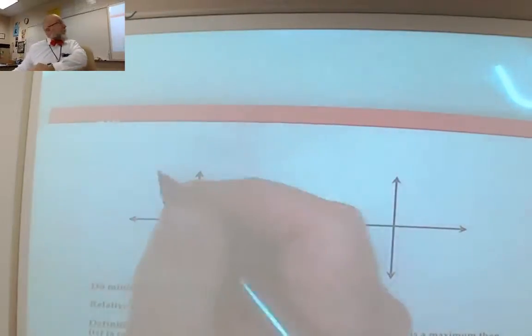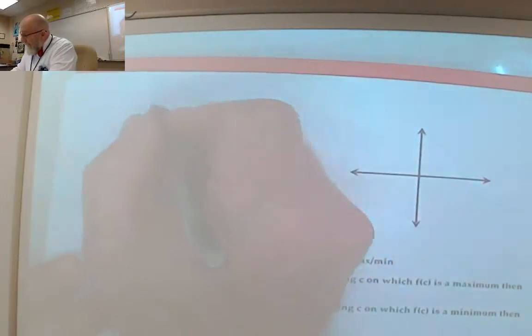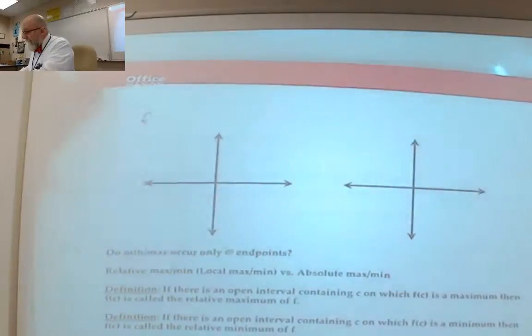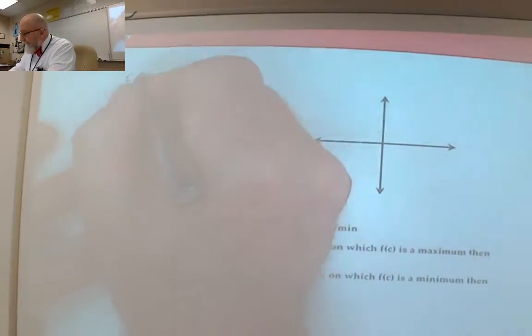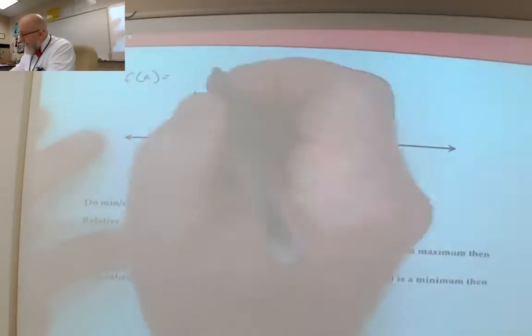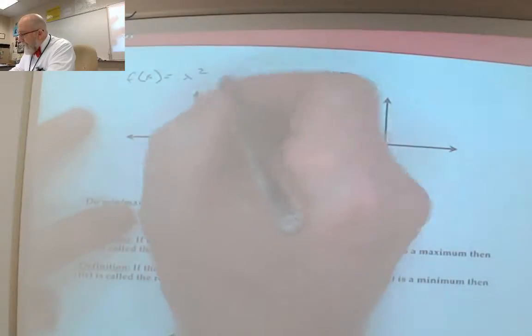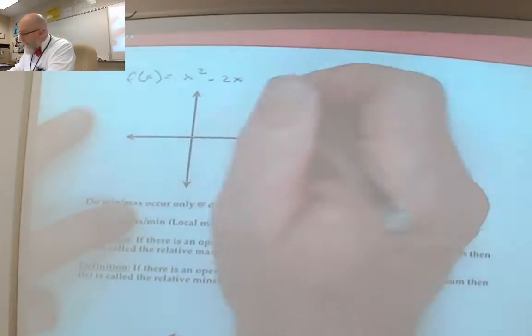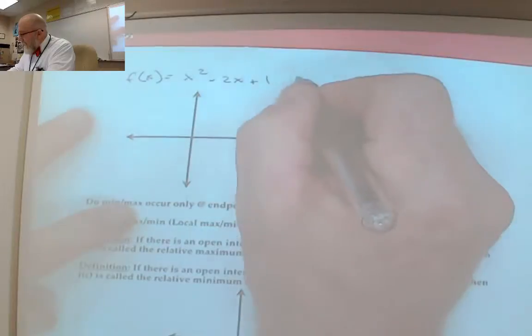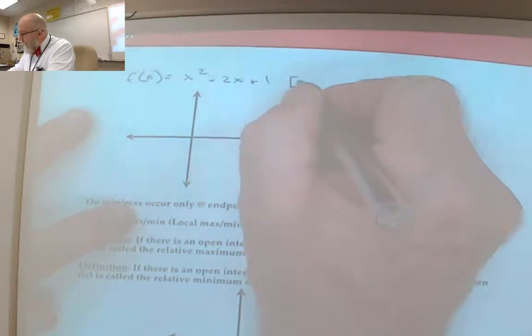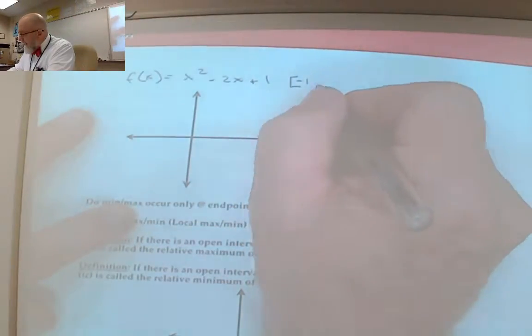And my function is going to be f of x. I got to write this a little bit nicer here. f of x equals x squared minus 2x plus 1 in the closed interval -1 to 4.